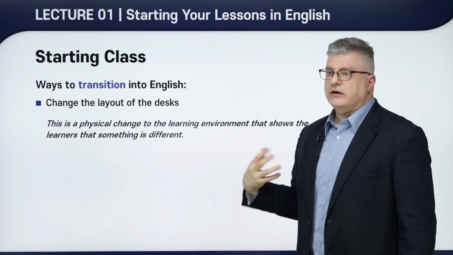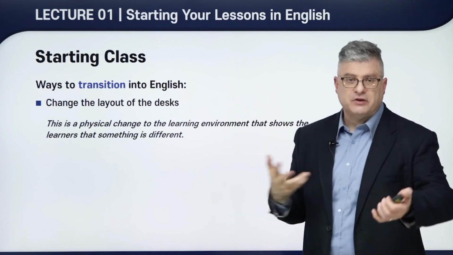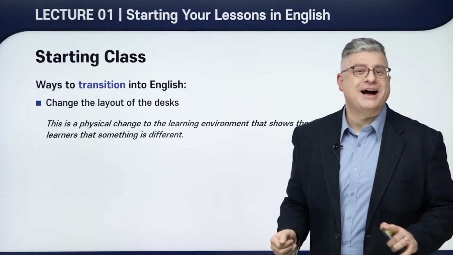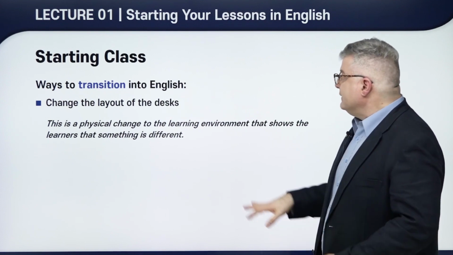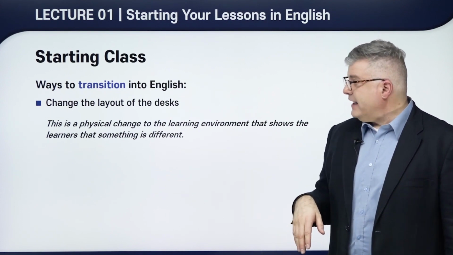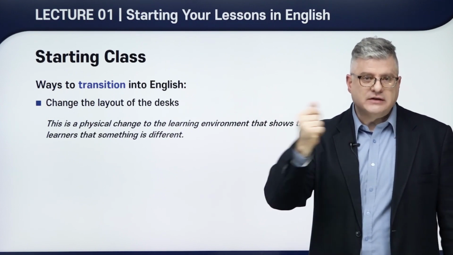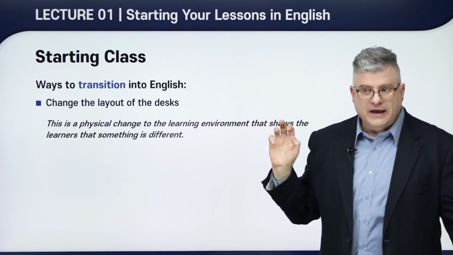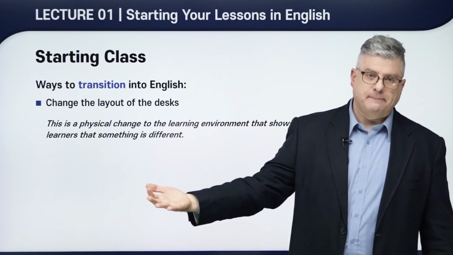And our learners, our students can really change the shape of the room, the layout of the room very quickly and very easily. This physical change to the learning environment shows the learners that something is different. We are changing. Now it's time for English. Okay? Then when you sit back down in the new groups, the new layout, it's English time.